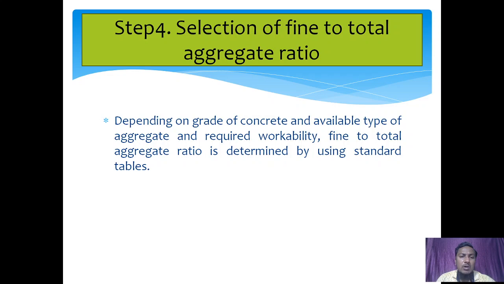So depending on the grade of concrete, availability of type of aggregate and required workability, the fine to total aggregate ratio is determined by using standard tables, and those tables are given in IS 456 2000. You may select one of them as per your conditions.